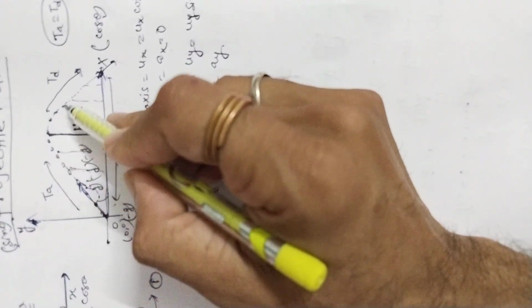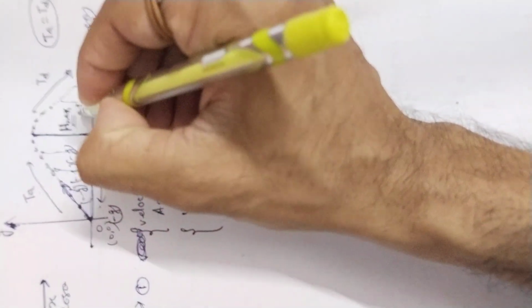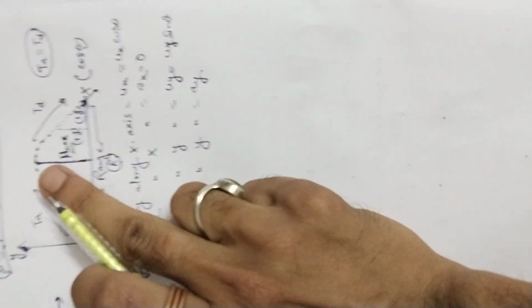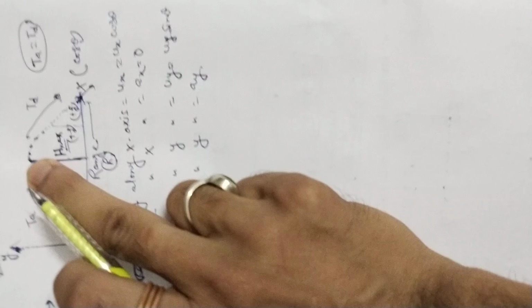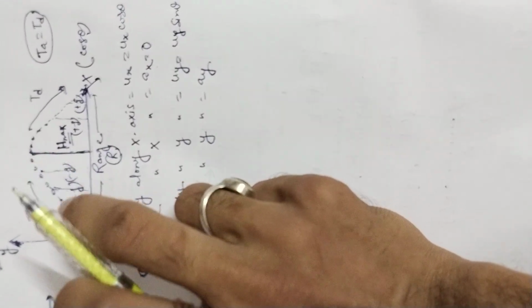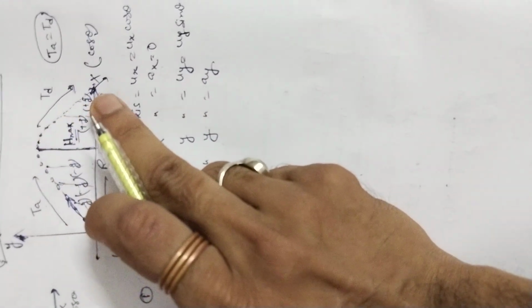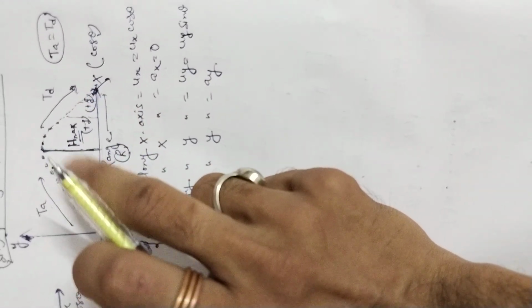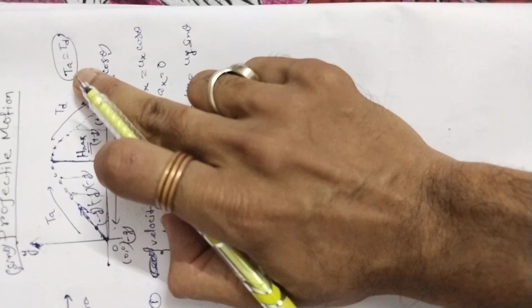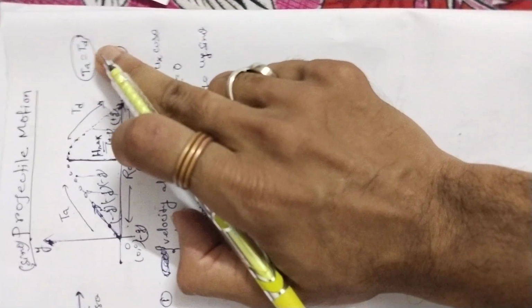But the second time it is plus g, because the particle comes down from the top position. So this is the time of ascending and this is the time of descending, and time ascending equals time descending.